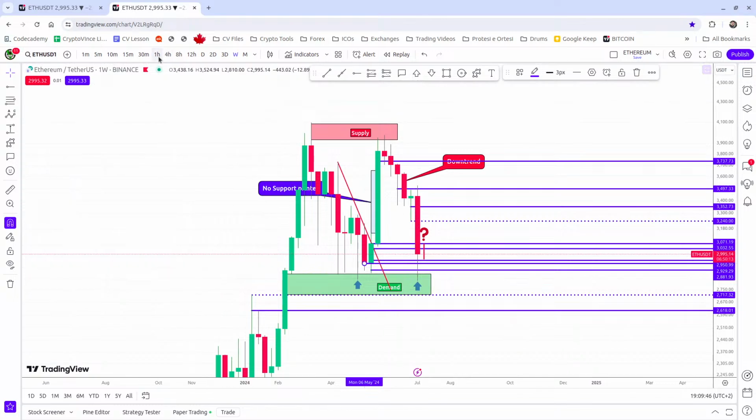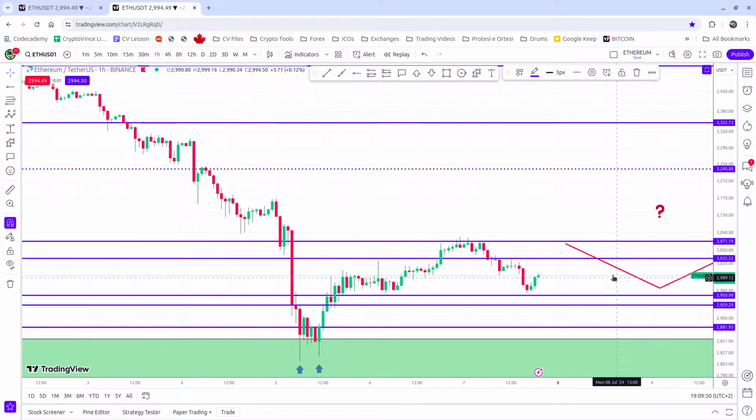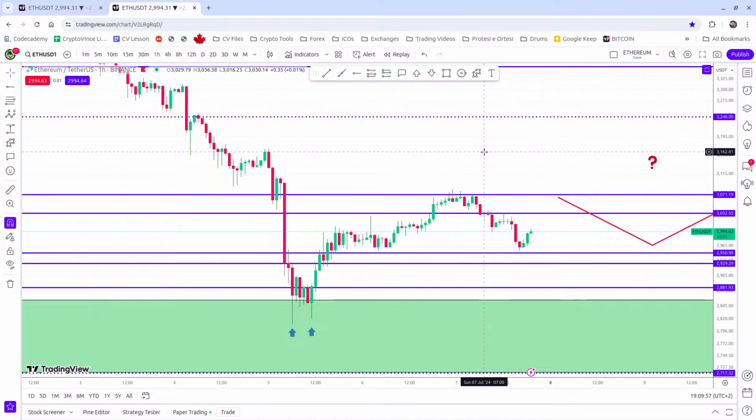Let's go check the 1 hour time frame to see how it's doing. So yesterday, if you followed the live stream, I traced a level from this low. This could also be a supply level.